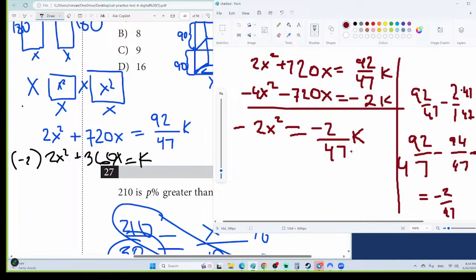Hmm. If I multiply by negative 1 over 2 on both sides, I'll get x squared equals 1 over 47 k.